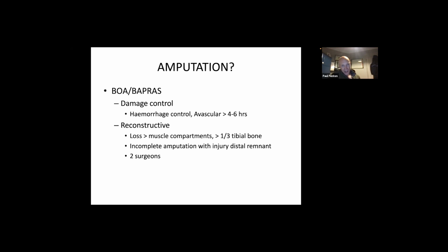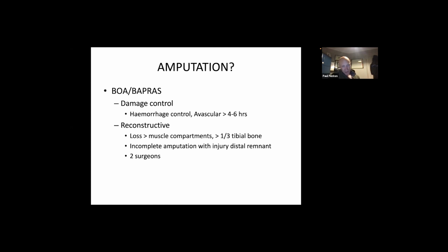More commonly, we consider amputation as a reconstructive operation. And again, the guidelines are that if we have muscle loss of, say, if we lose more than 2 of the 4 compartments in the lower leg, then that limb's going to have very compromised function. If more than a third of the bone stock of the tibia is lost, then that's going to be a very difficult reconstruction.